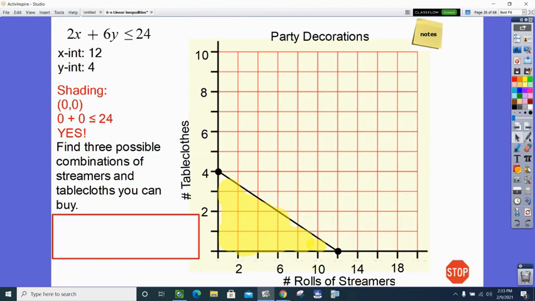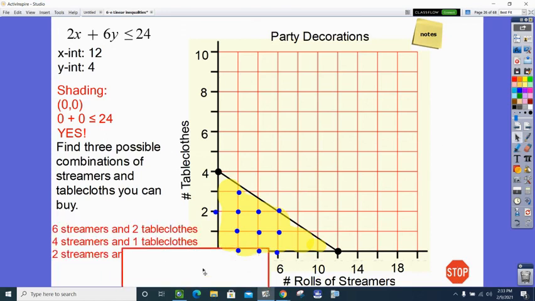So I'm just going to grab a dot over here. Right there, we're going to look at the crosshairs. These are all possible solutions that would give you combinations. I could go in and fill in all the crosshairs, but I'm just picking off 3 of those.